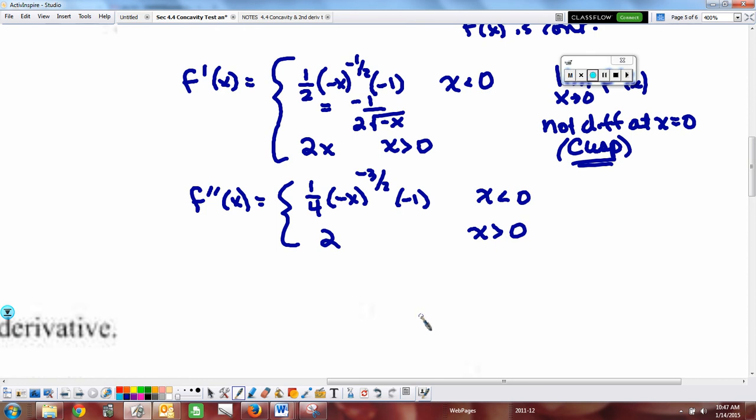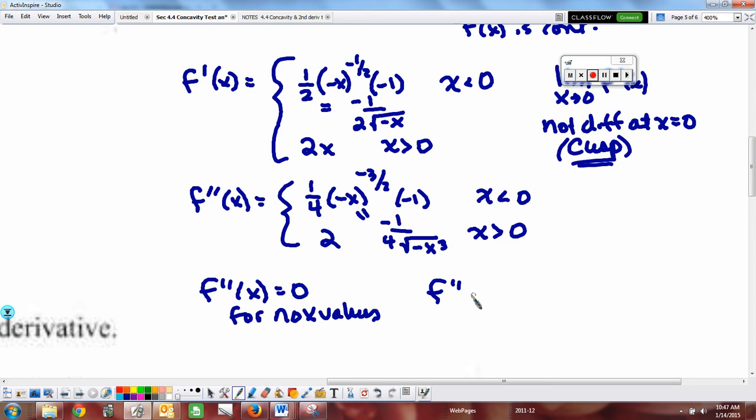All right. So our critical values, and again, I might take this one and just rewrite it in a nicer form, negative 1 over 4 square root of negative x cubed. So our second derivative equals 0 for no x values.